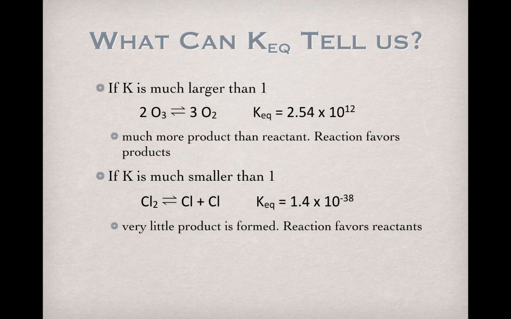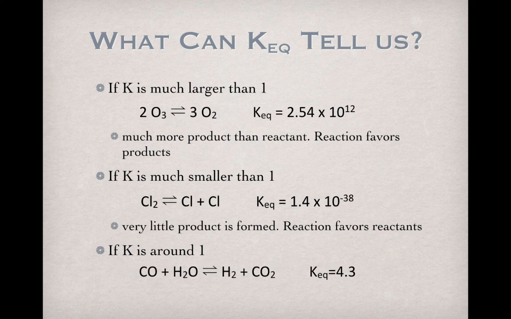If K is in the vicinity of 1, then you're going to have a mixture of reactants and products present, and neither products nor reactants are favored in this case. At equilibrium, you're going to have substantial amounts of both of those.